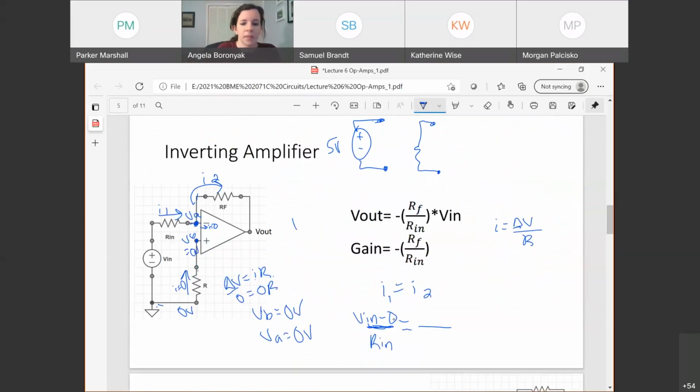So Vn minus 0 over Rn. How do I write I2 as delta V over R? Good. 0 to V out, because VA is 0, starts there, goes to V out over RF.